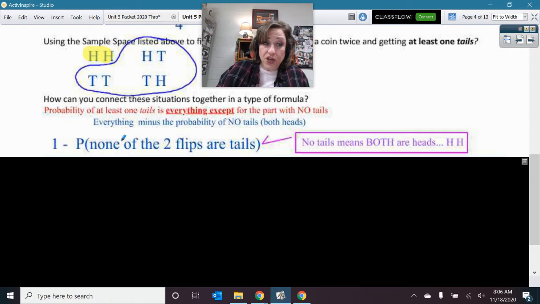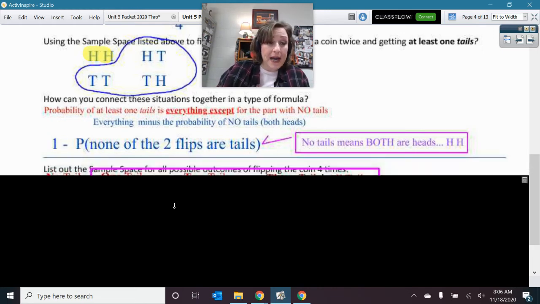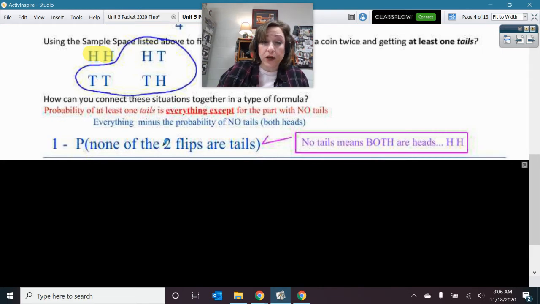And none of the two flips are tails means both of them are heads. And we know how to calculate that very simply as a half times a half. So that's a fourth. So then we do 1 minus 1/4, and that's how we get the 3/4. It's always going to be that way. It's going to be the entire combination, all of the things, with the exception of that one that is none of the things you want.